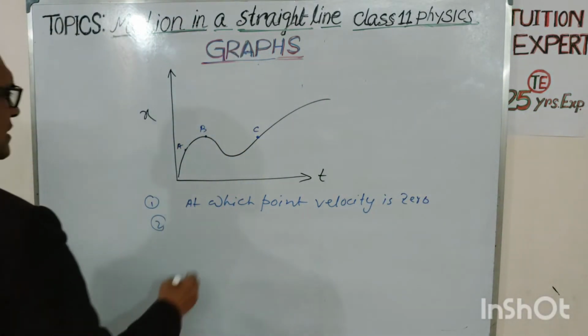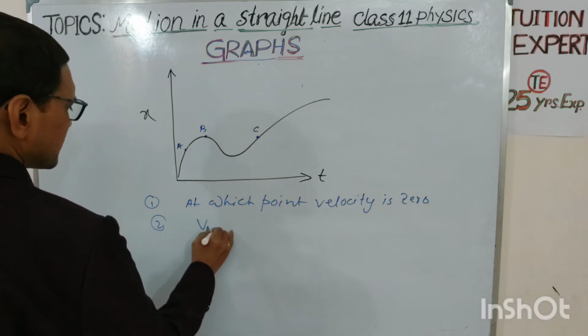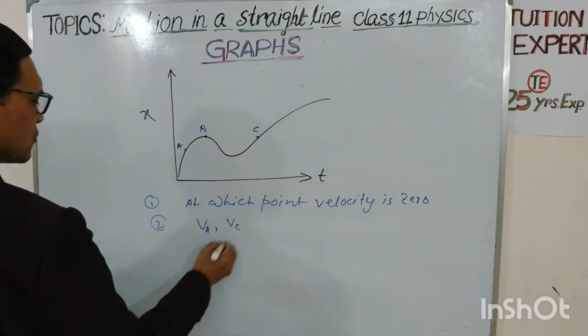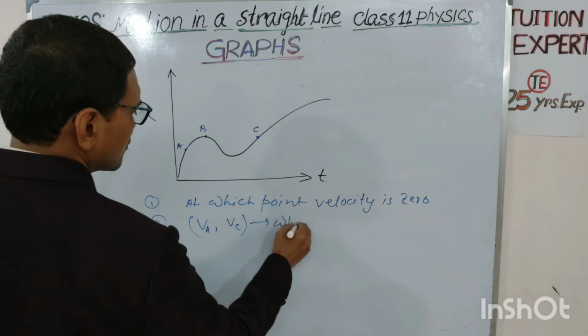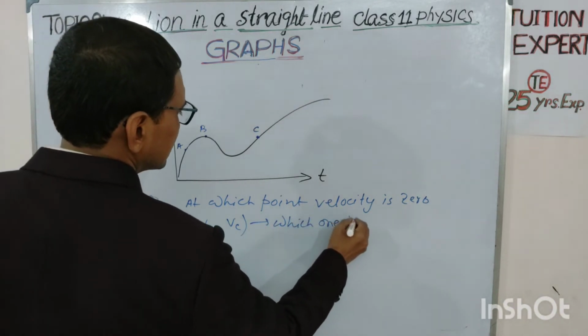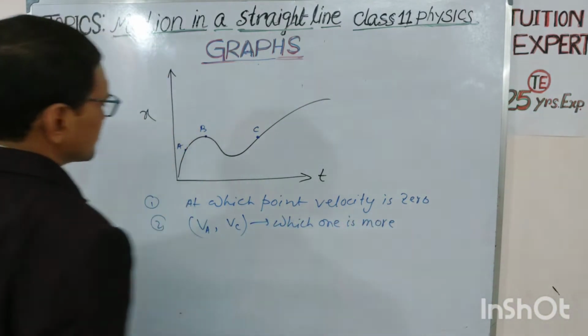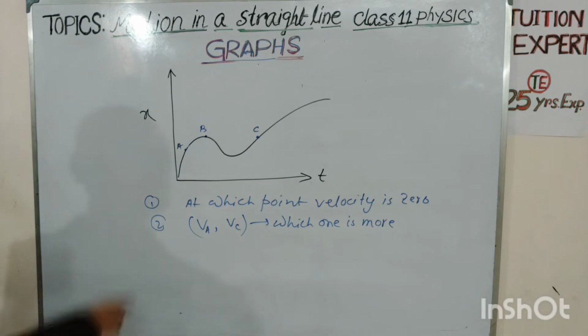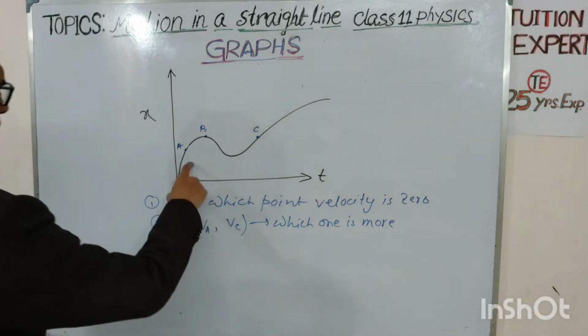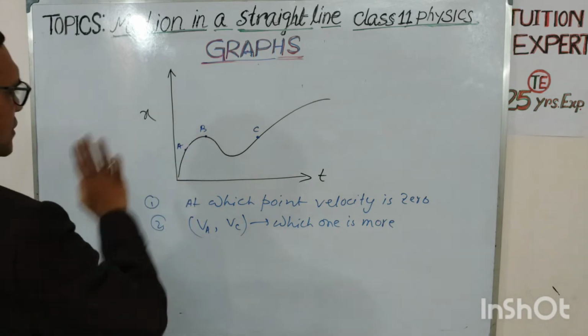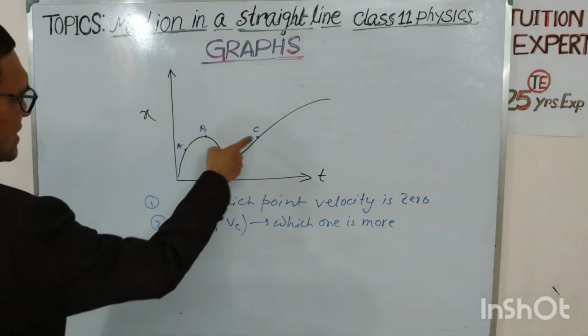Second question: velocity at A and velocity at C, which one is more? That is, the displacement time graph is given; at which point is velocity 0, and at A and C, at which point is velocity more?